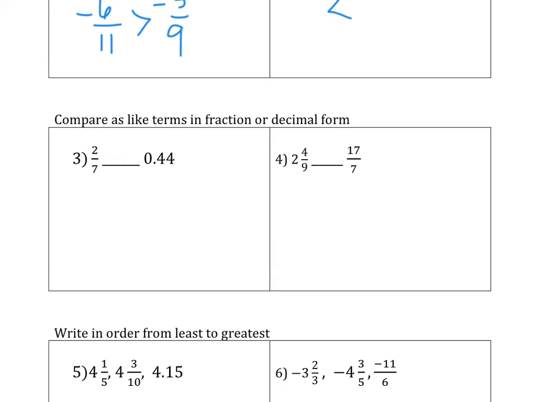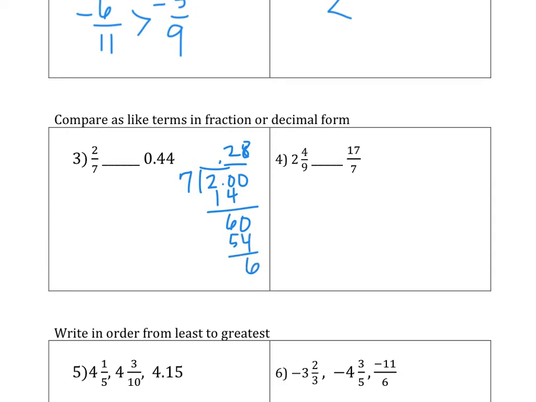So 2/7 turned into a decimal. 7 goes into 20 2 times. 8 times 7 is 56.